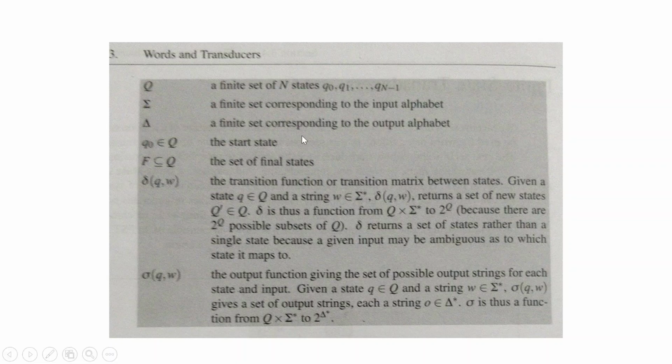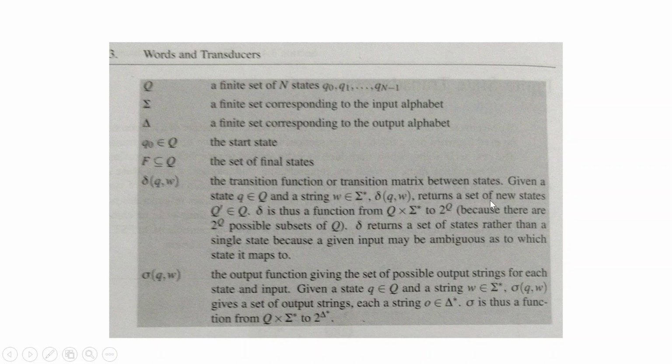Delta is a finite set corresponding to the output alphabet. The output alphabet was not present in the case of a finite state automaton. Q naught is the start state. F is the set of final states. Here you've got transitions, so a transition function or transition matrix between states, given a state Q and an input string W, which belongs to sigma star.